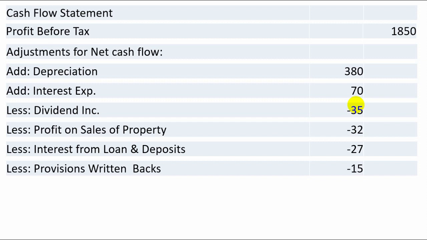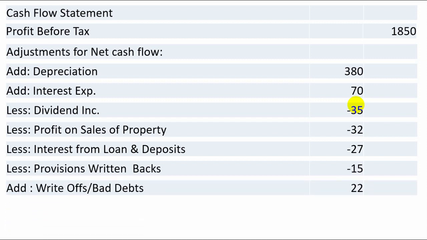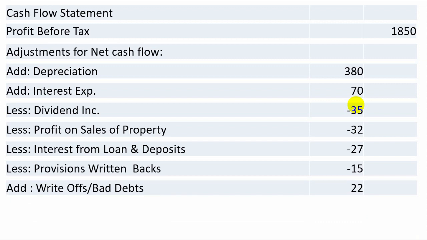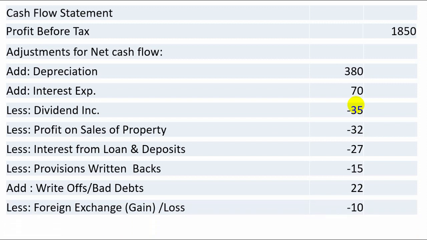When a company writes back its provisions, that increases the profit. But since this is a non-operating item, it needs to be removed. If there are any write-offs or bad debts in the profit and loss account, that's an expense. And since this expense is a non-operating expense, it needs to be added back to the cash flow from operations. If the company has gained or lost in foreign exchange, then that all needs to be adjusted.